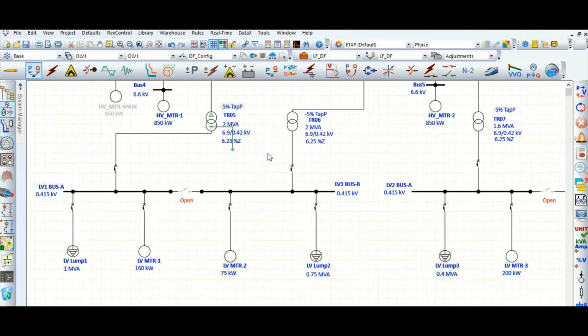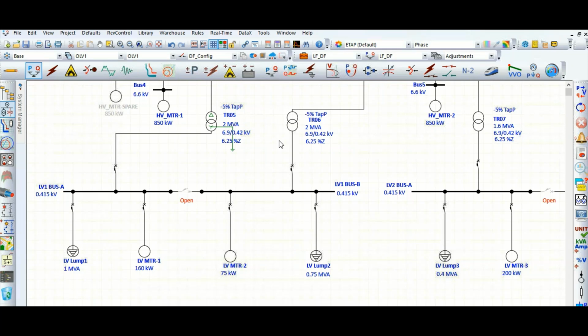In a power system network, most of the loads and components do not contribute fault current. A transformer does not contribute any fault current to the power system network.